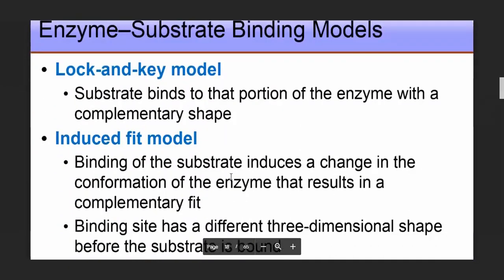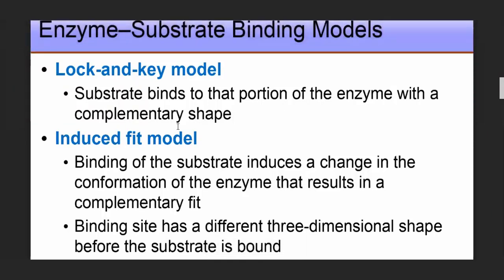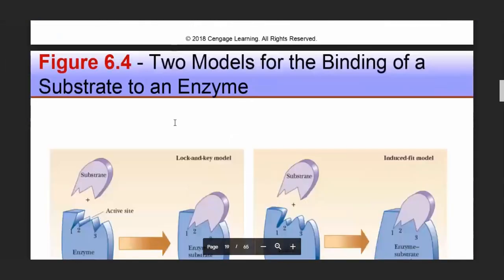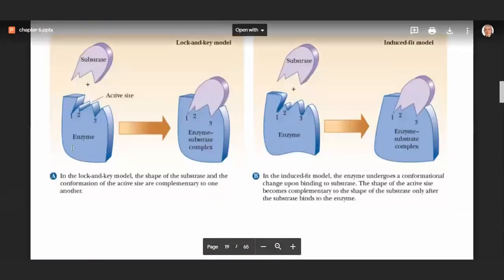Now, there are 2 models for binding the substrate to the enzyme. First, the lock and key model. Here, the substrate binds to that portion of the enzyme with a complementary shape. Let me show you the picture, and you will understand it more. Here you have your enzyme, and this is the active site, and this is your substrate.